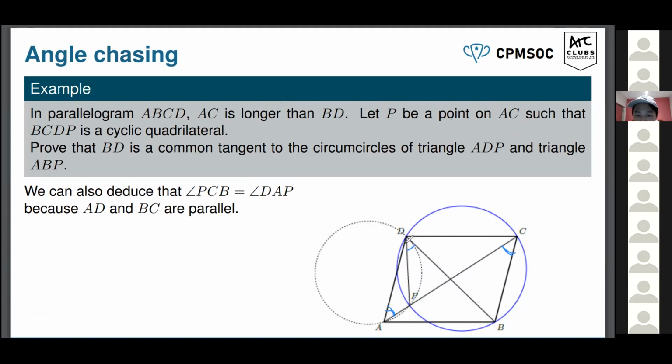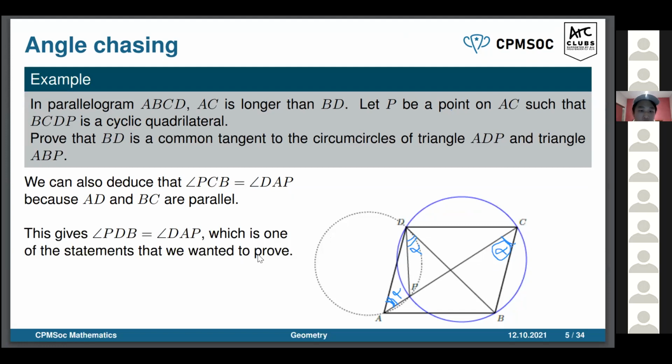And because we proved that DAC is equal to ACB, and ACB is also equal to PDB, we can conclude that DAP is equal to PDB. So this angle alpha is equal to this angle, and this same alpha is also equal to this. So all three angles are the same, which is what we wanted to prove.